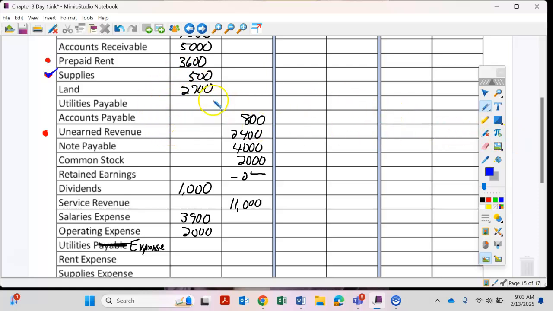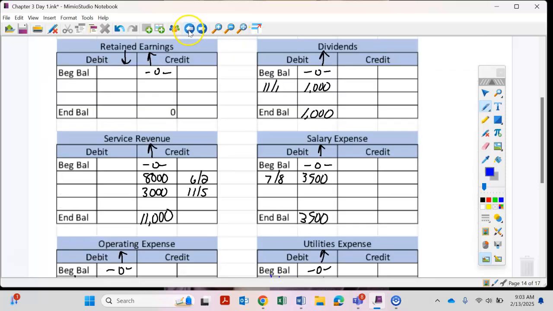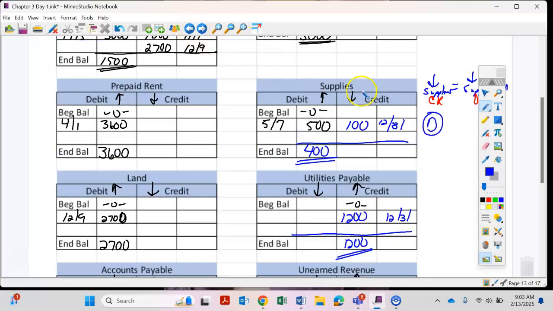So I'm going to go to those accounts, and we'll figure out their adjusting entries by looking at them. So prepaid rent, and this is going to be transaction C. If you were to reference it to your problem information, supplies was D, prepaid rent is C.